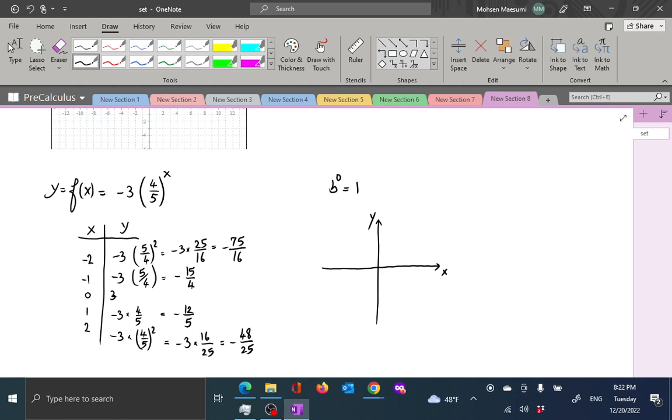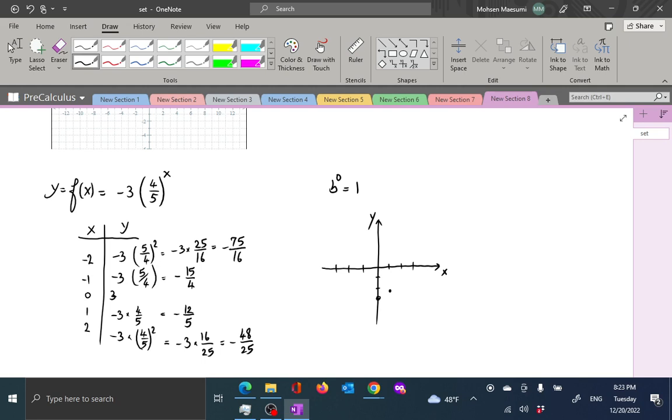So at 0 we have minus 3, so we'll be here, then 1, 2, 3, and minus 1, minus 2, minus 3. At least we go as far as 2. At 1 we have minus 12/5, so that's going to be minus 2.4, so that's going to be here.